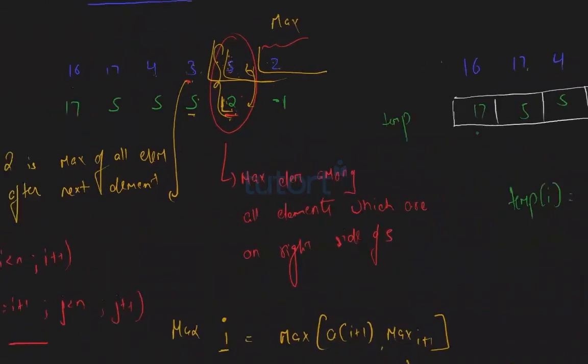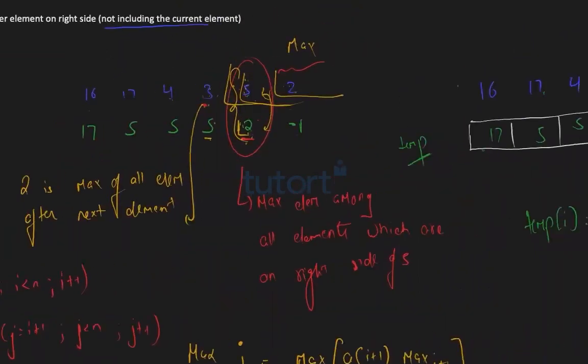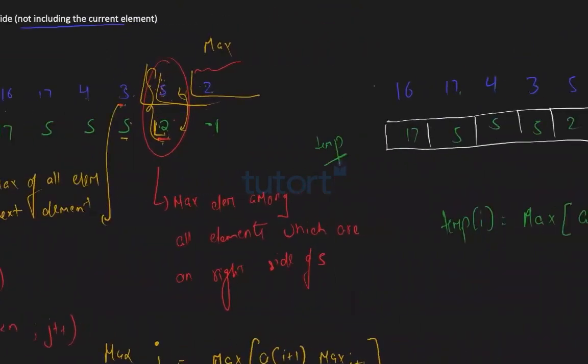Now this approach will work. This definitely works. The complexity of this approach is order of n only. Why? Because we need to process all the elements only a single time, so the total processing will be n only. That's why its complexity is order of n. Another thing is that the extra space we are taking is n, because we have taken an extra array to get the answer.